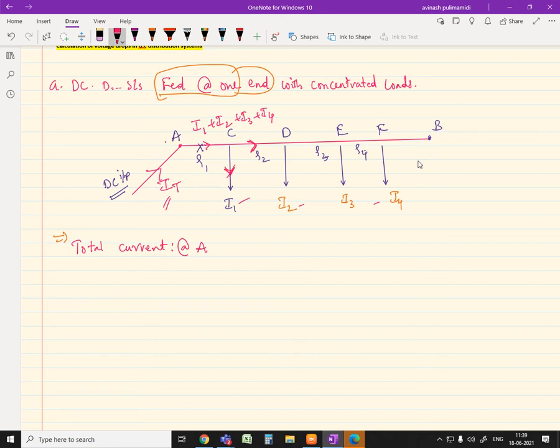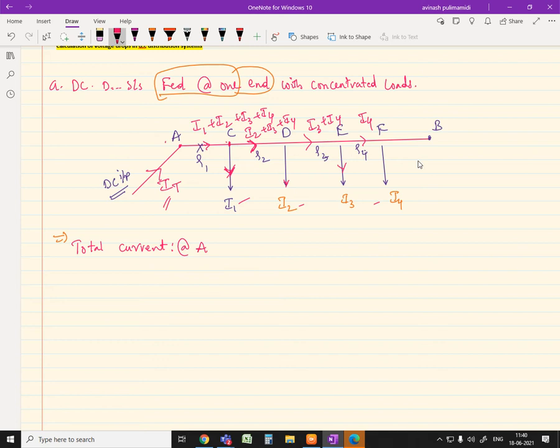I1 is leaving. Apply KCL here: the remaining current will be I2 plus I3 plus I4. Now at this point, I2 is leaving, so the total current here is I3 plus I4. Now what is the total current here? Only I4. Now you understood, right?